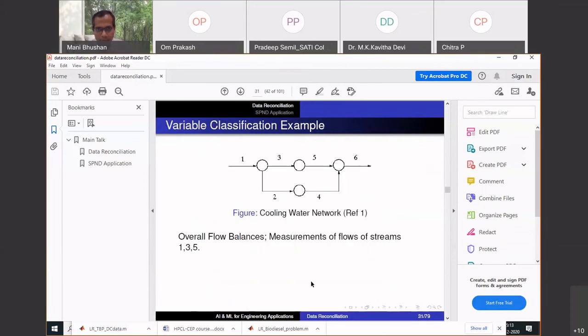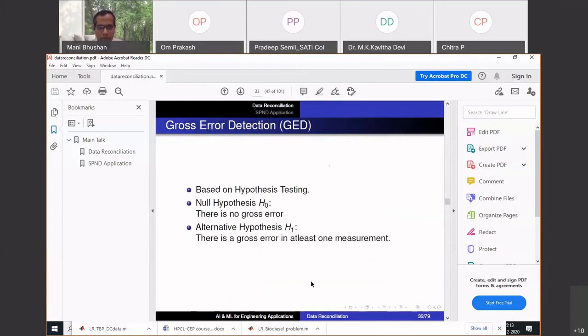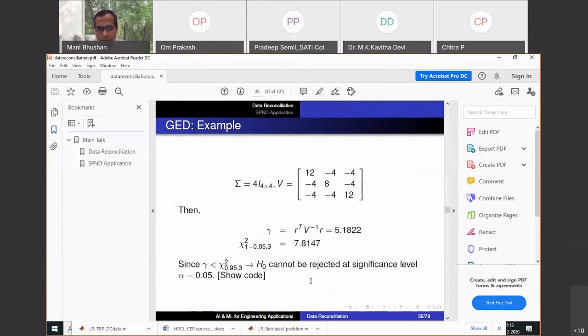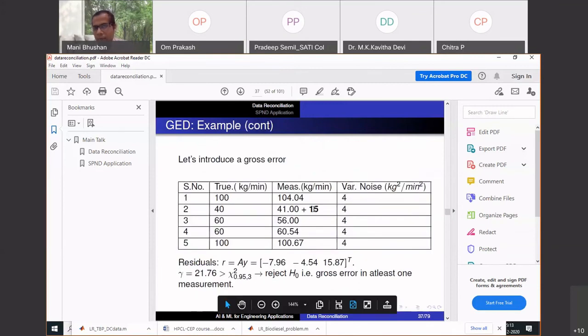In this flow example, what we did was we added some gross error to one of the sensors, some fixed number, and then we want to see whether we can back out two things.